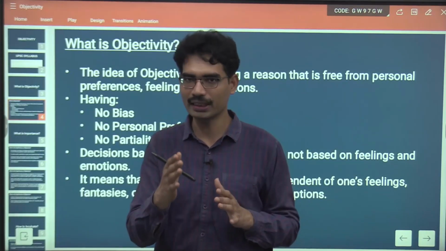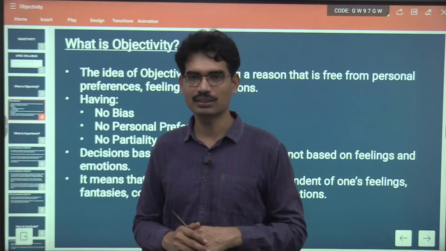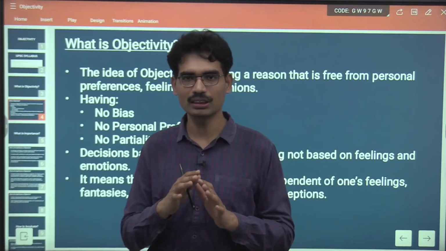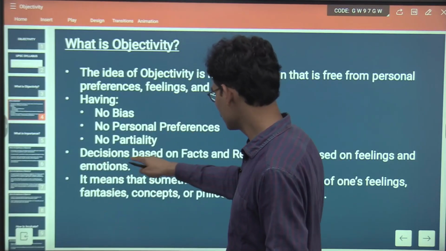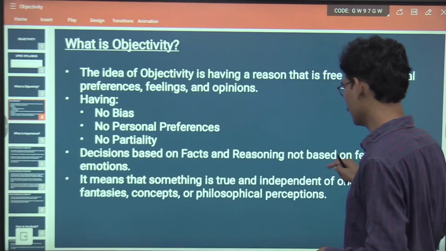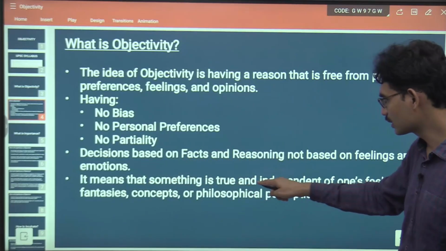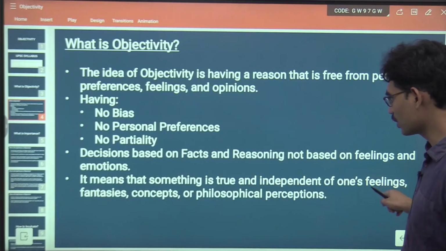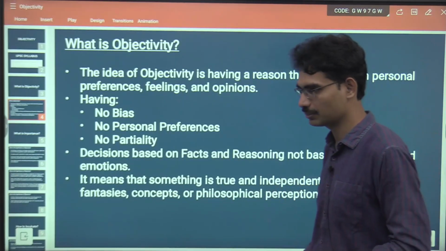Objectivity is to inculcate this value in civil servants, so that they will perform their duty objectively, not based on any preferences and feelings. Decisions based on facts and reasoning, not based on feelings and emotions. It means that something is true and independent of one's feelings, fantasies, concepts or philosophical perceptions.